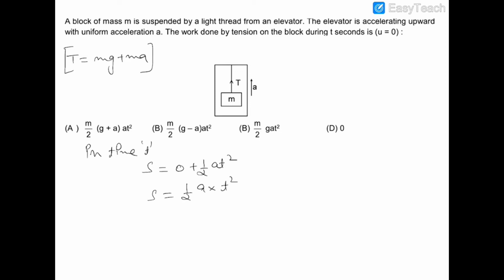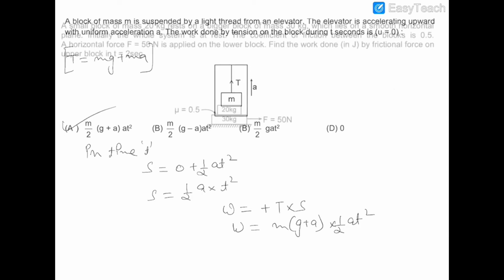Now the work done will be equal to plus T into S, where T is equal to m(g plus a), and S is equal to half a t square. So this is the correct answer, which is option number A. Now we move on to the next question.